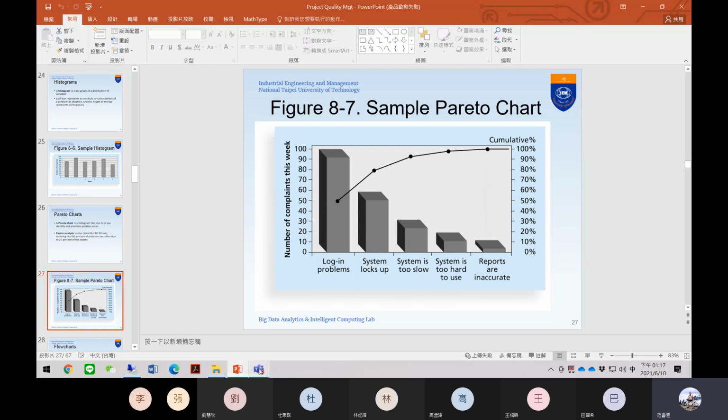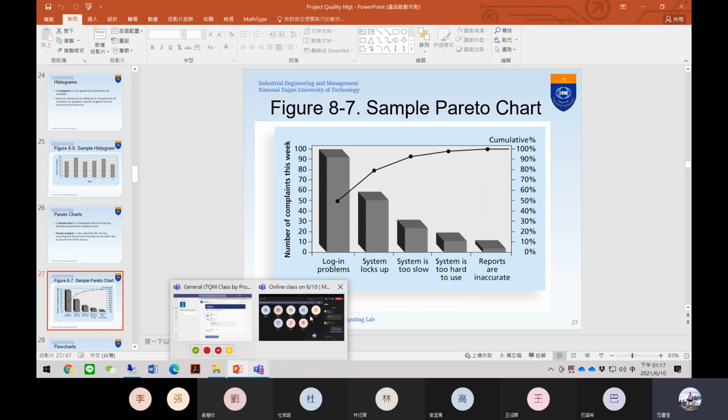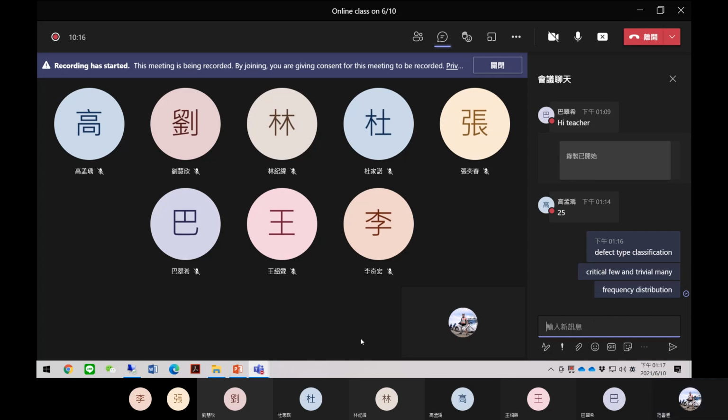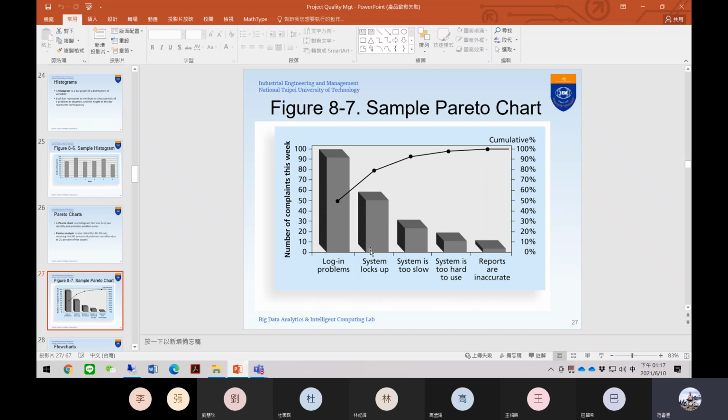This is also known as the descending frequency distribution. Then we just rank it from the highest.